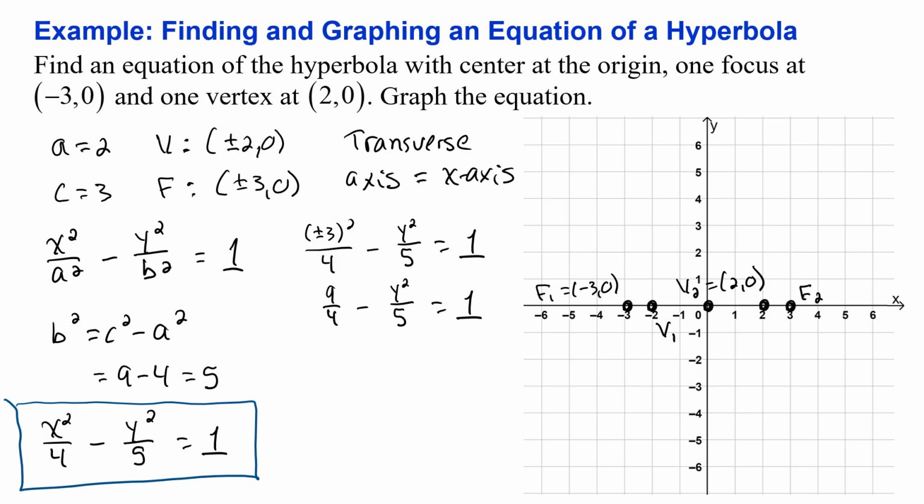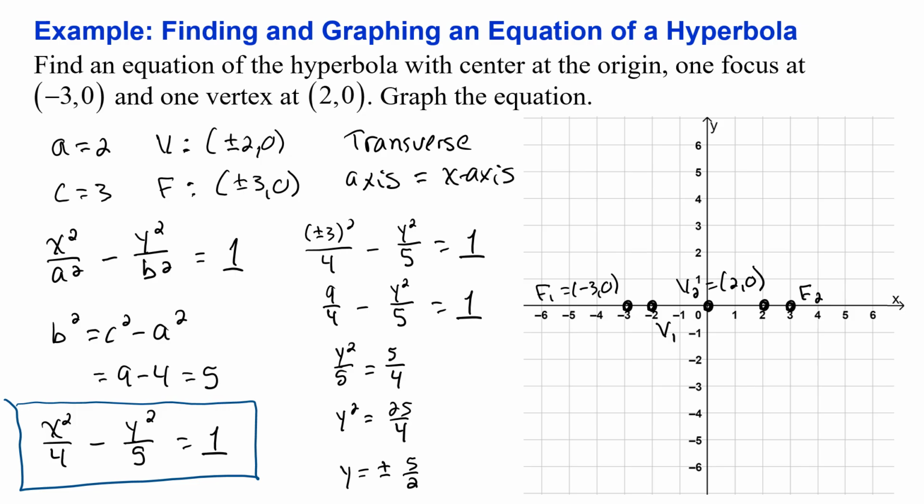We can isolate the y squared over 5 term in the equation by adding y squared over 5 to both sides of the equation and subtracting 1 from both sides of the equation. And after doing that and simplifying, we would have y squared divided by 5 is equal to 5 divided by 4. Multiplying both sides by 5, we would get y squared equals 25 divided by 4, and therefore y would equal plus or minus 5 halves.